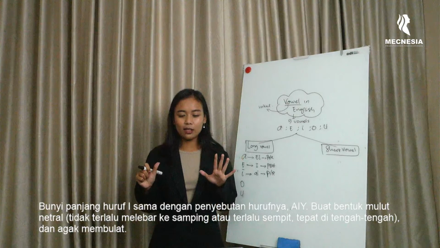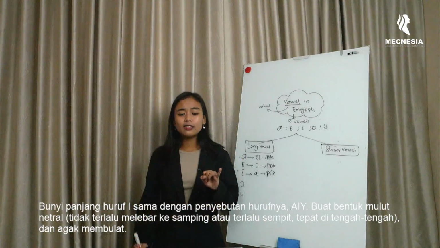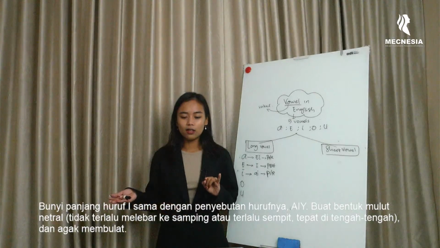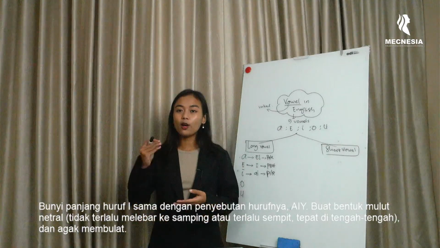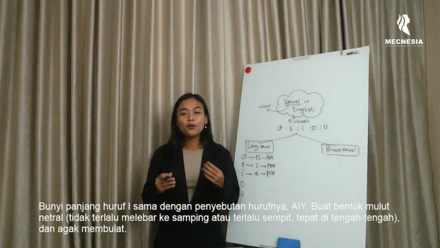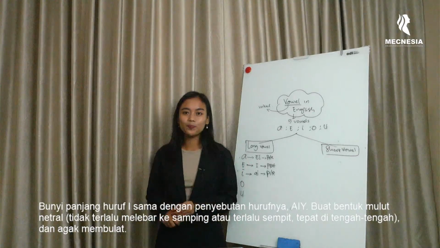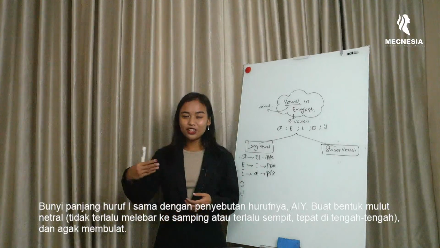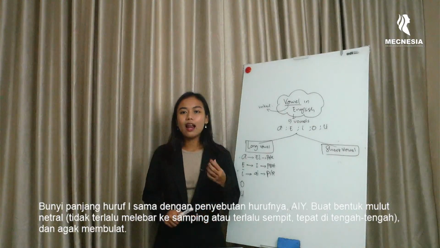So, there are 6 rules. Ada 6 nih aturan pemakaiannya. The first, yang A, if there is I followed by the consonant and then the other vowel. For example, in the word eyes. Let's try it. Eyes. Next, in the word line.